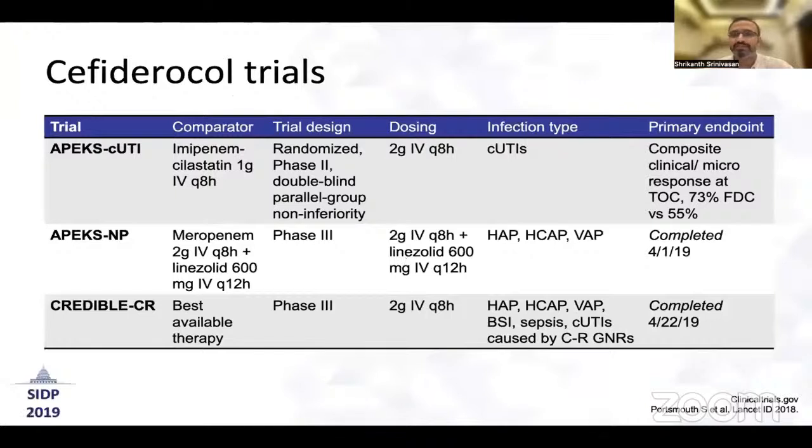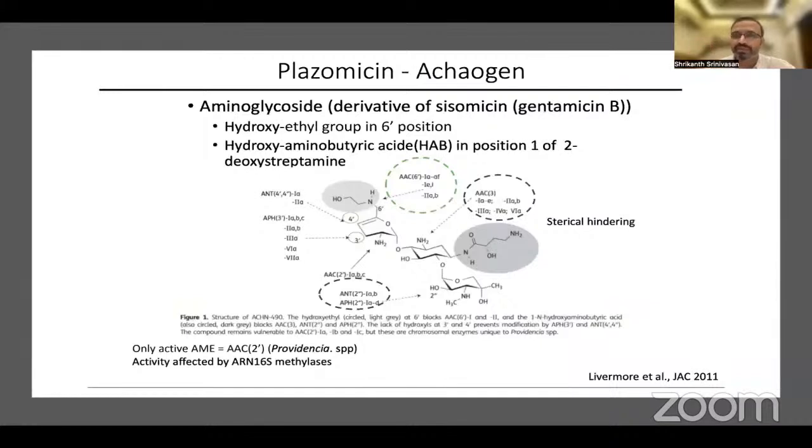And these are the various trials which have been used for complicated UTI, healthcare-associated pneumonias, VAPs, bloodstream infections. So it has shown pretty promising results, and that is one drug which is sensitive across a wide spectrum of carbapenemases, sensitive against Pseudomonas also, and against Acinetobacter also. So it's still showing a very good sensitivity response.